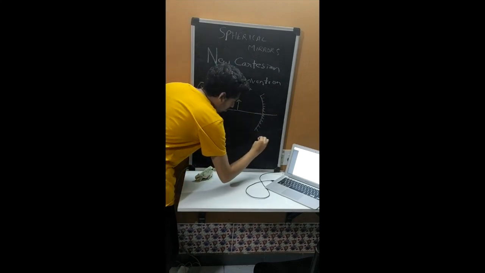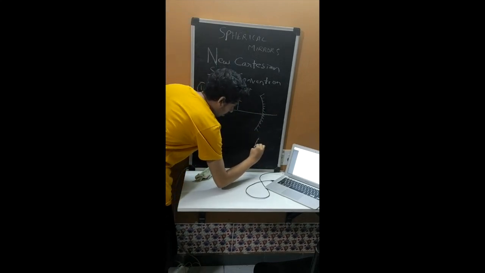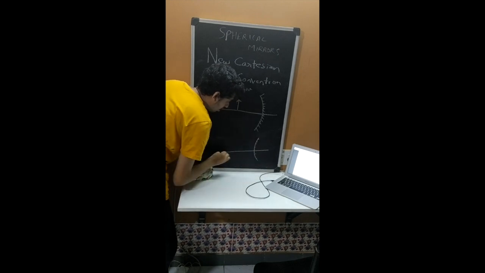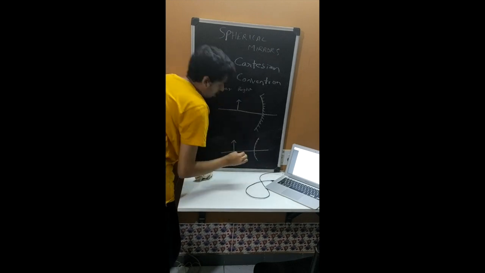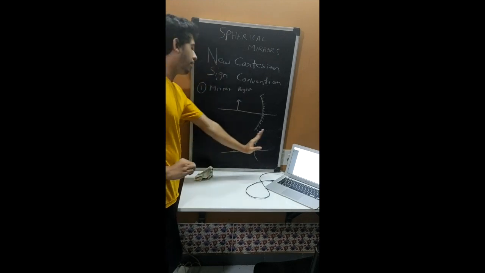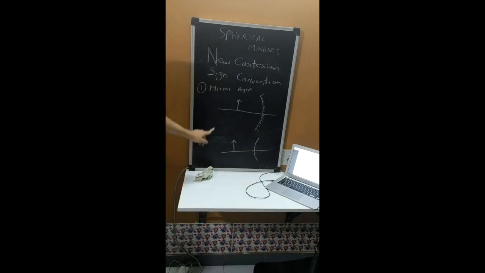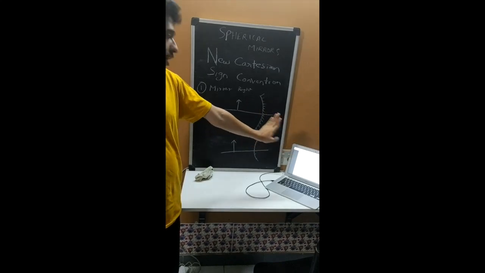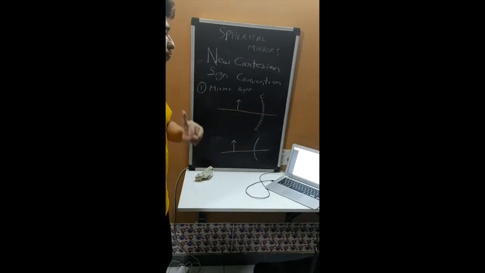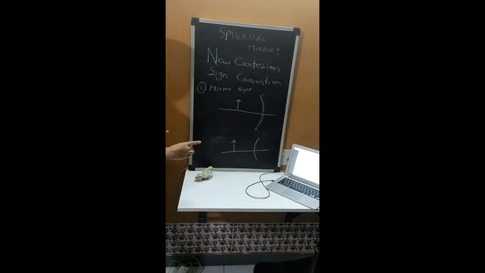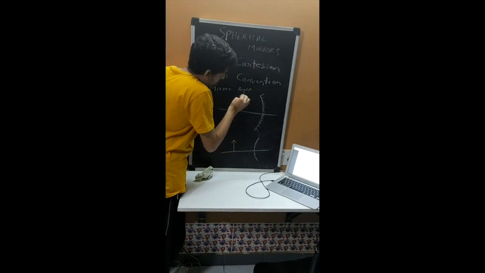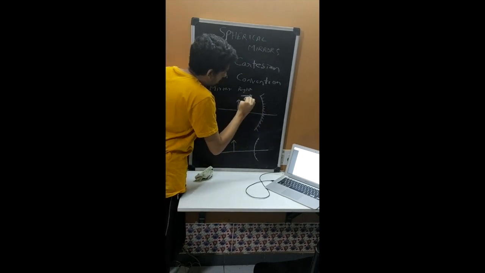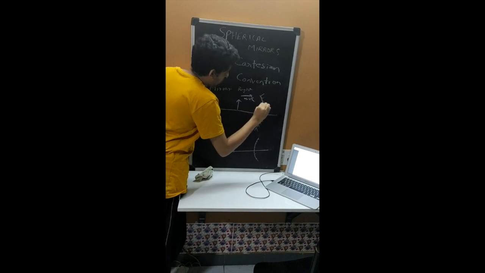Convex also will be like this. Still here, the mirror is to the right of the object. So this is the first rule, where the mirror and object positions will be. First rule over.